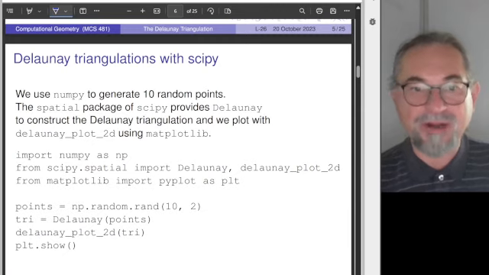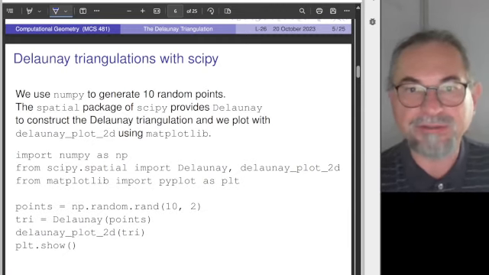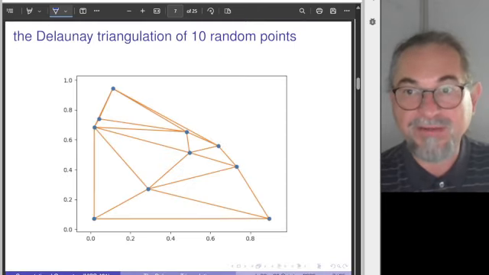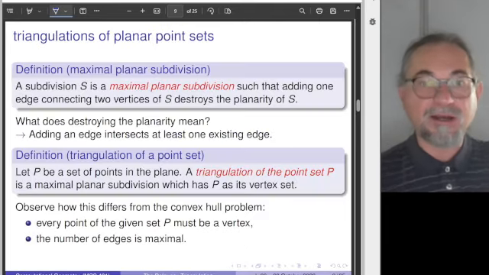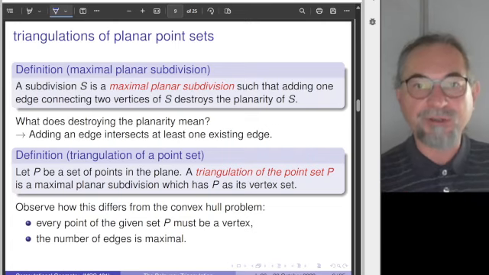Okay, so what is actually most important for this introduction are these instructions here. At this point in time, we can see many examples of Delaunay triangulations. And they are very important in various areas of applications. All right, what do we actually now mean by a triangulation of a planar point set?